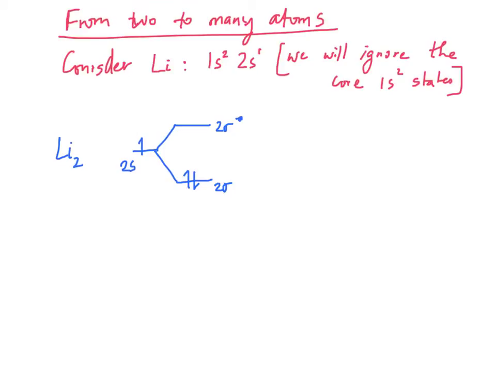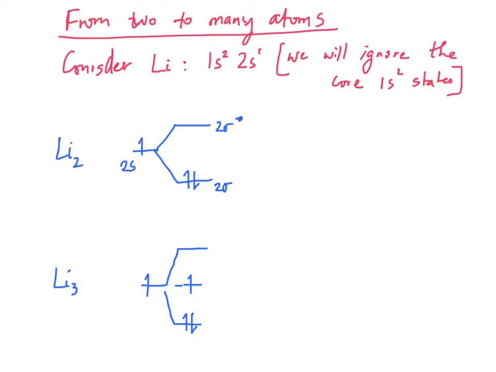Okay, so let's do it for the trimer now. Here is the picture for the lithium trimer, or Li3. You have 3 lithium atoms coming together to form a molecule. Each lithium atom comes with a 2s level that is singly occupied, as before. Because of the conservation of energy levels, you will have 3 levels in the molecular orbital diagram.